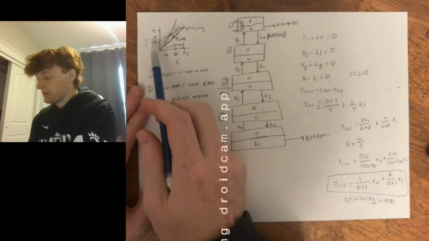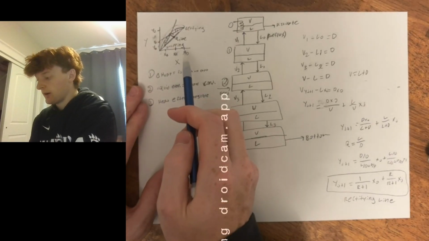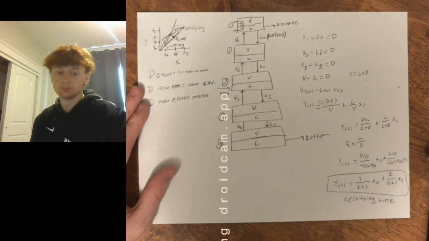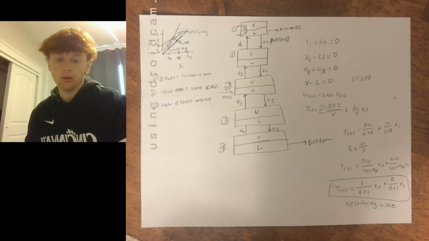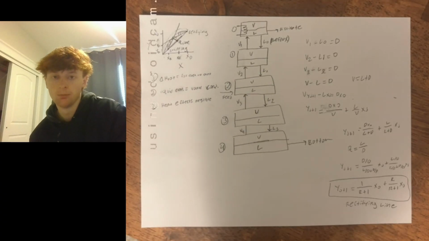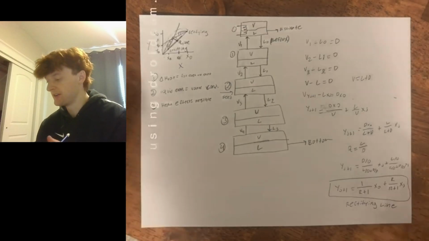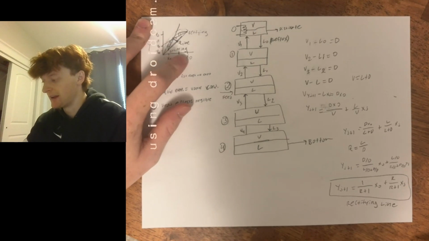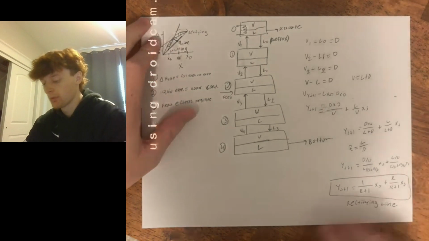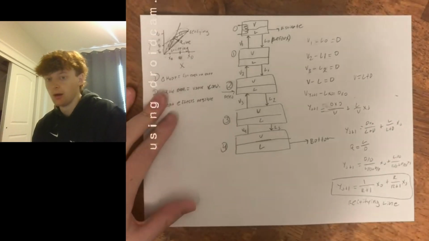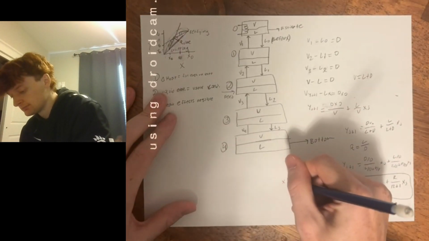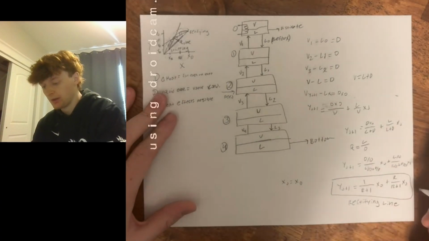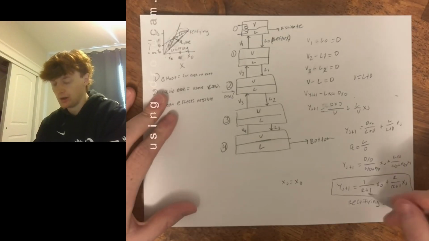So the next thing that we'll do is talk about how our compositions are equal on our rectifying line and why that is. We'll show that the rectifying line does indeed start on the 45-degree line, which means that XD is equal to YD. How we do this is we'll say that our x_j is equal to our XD. So we can plug this into our equation right here.